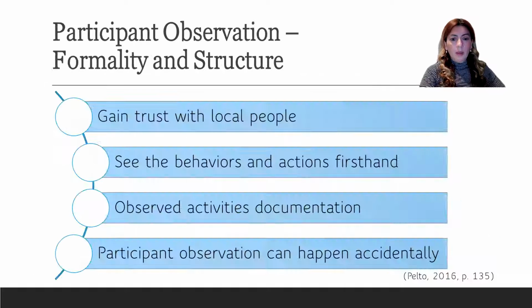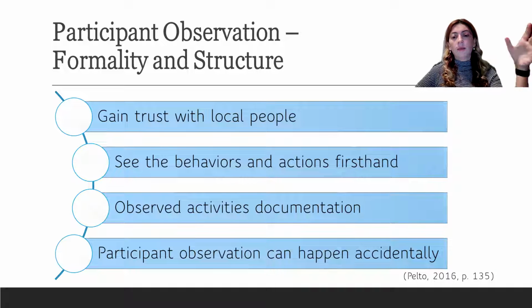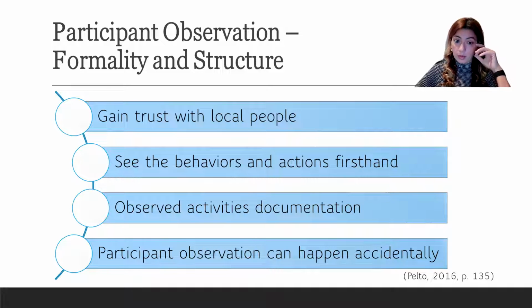Okay. Now, participant observation may sound pretty informal, like, I'm there and I just blend. However, what Paulo is saying is that there is some formality and there is some structure in how we do participant observation.